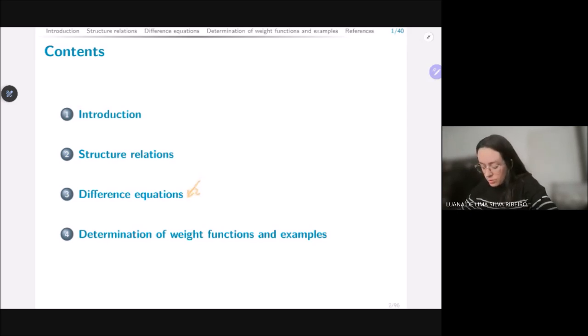In the third part, I will discuss difference equations for the Verblunsky coefficients. And in the last part, I'm going to give some examples on how to find the wave functions that satisfy these properties, this explicit structure relation and the difference equation.